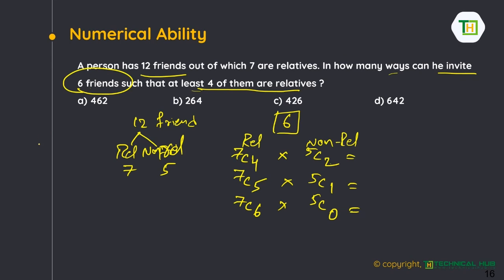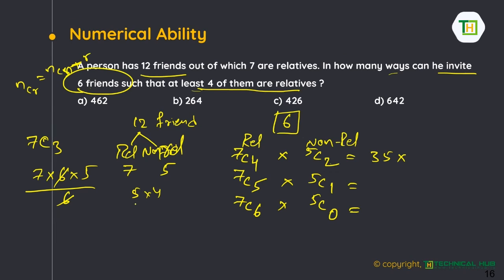7C4 and 7C3 are both the same. Why? Because nCr is equal to nC(n minus r). Both are the same. Here 7C3 is equal to 7 into 6 into 5 divided by 3 factorial. So 35. 35 into 5C2, 5 into 4 divided by 2 factorial, which is equal to 10.